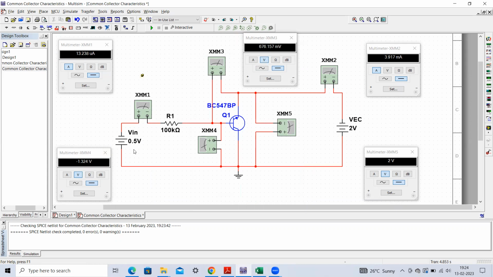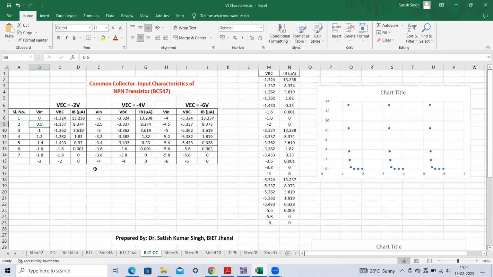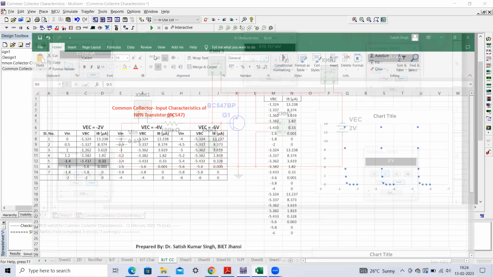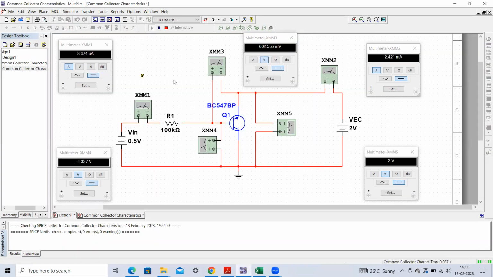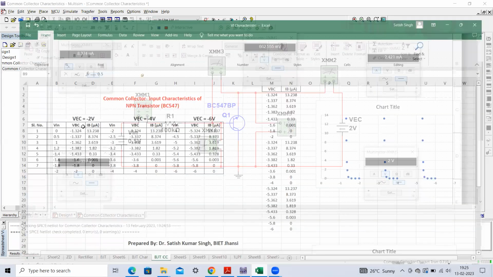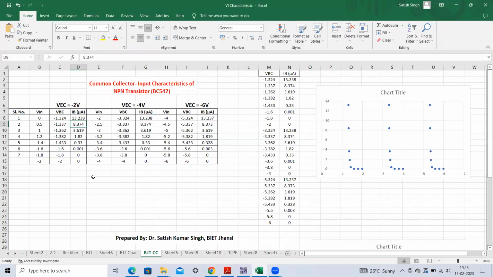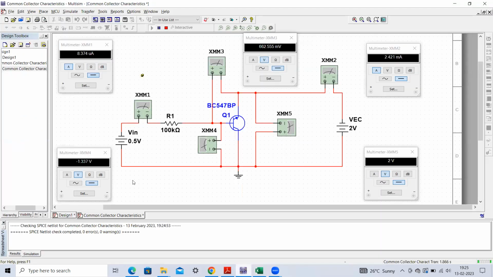We have not executed the circuit yet, so first execute it. After executing it, we are getting this current equal to 8.374 microamperes. And what about the base to collector drop? It is -1.337. So please observe this value, -1.337. This way we have obtained the second combination.